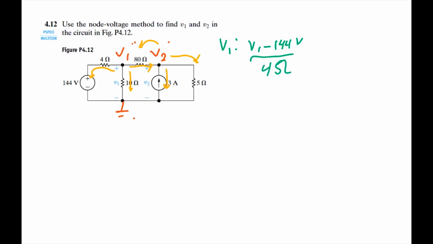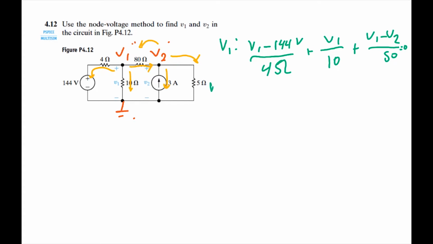We also know that there's a current flowing down into this 10 ohm resistor, and we'll call that V1 over 10 ohms. And then there's this current leaving from V1 and going to V2, so we know that's V1 minus V2 over 80. And we can pretty much set all this equal to 0.